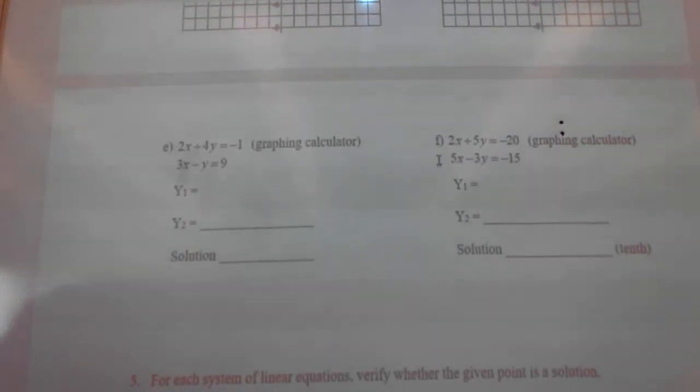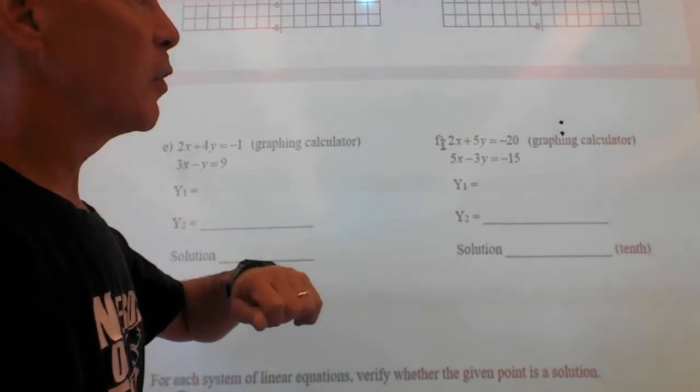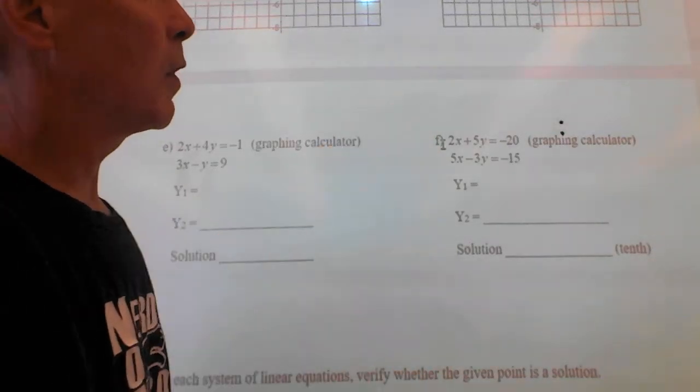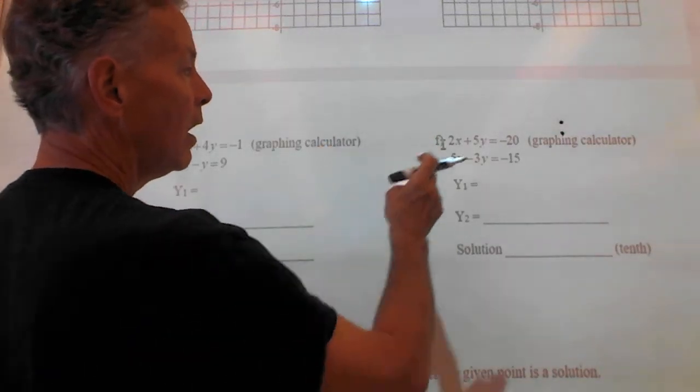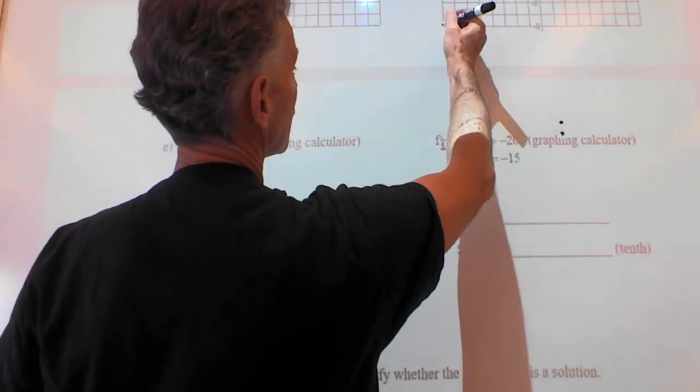Why don't we do F, okay? So for F, we want to find the point of intersection. Remember, your first step is you're going to have to isolate y in each equation. So for this one up here, 2x plus 5y equals negative 20.